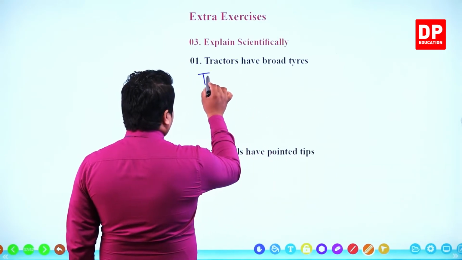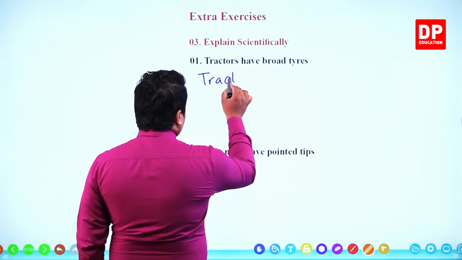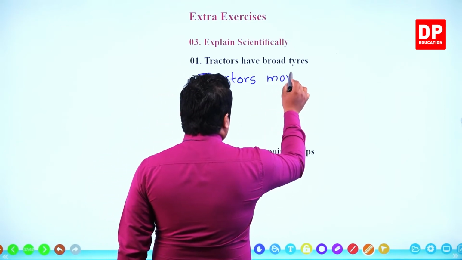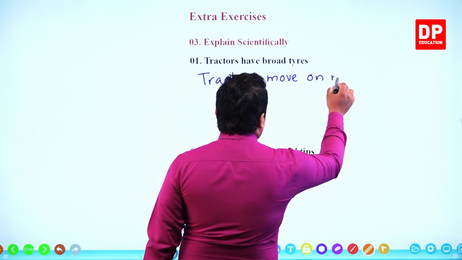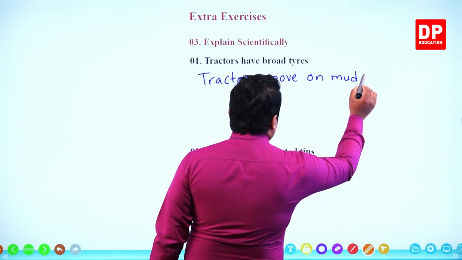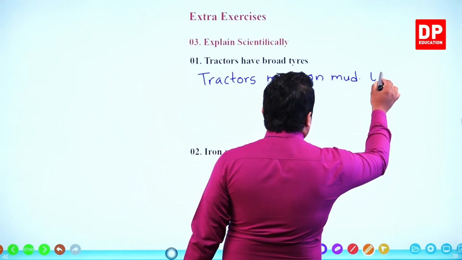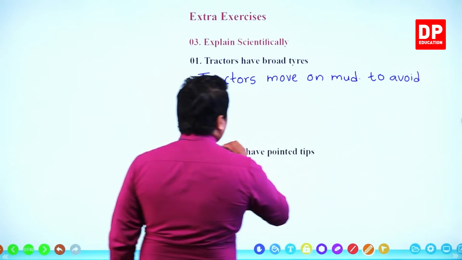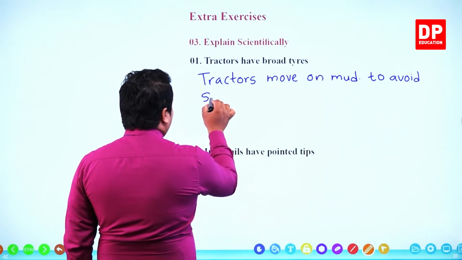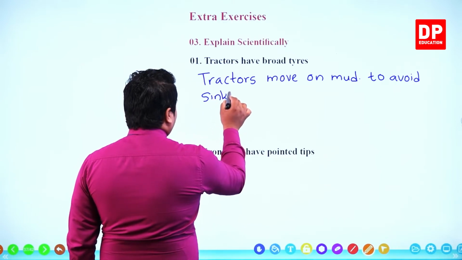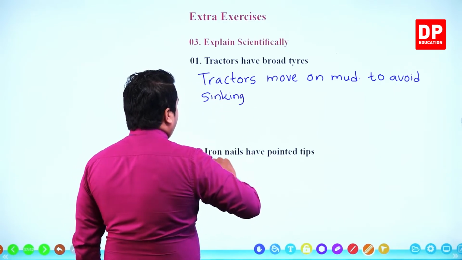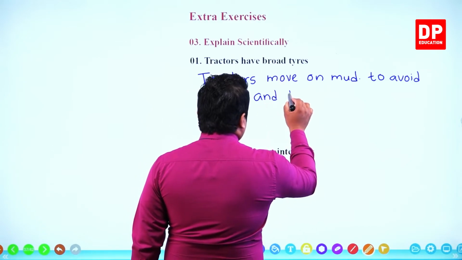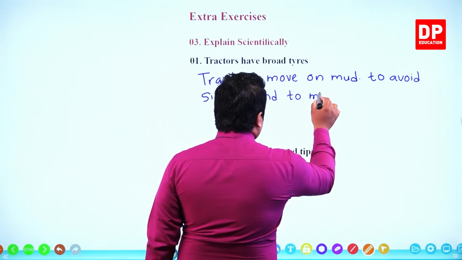Tractors move on mud to avoid sinking and to minimize pressure.